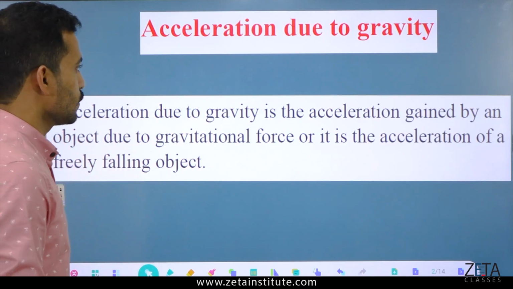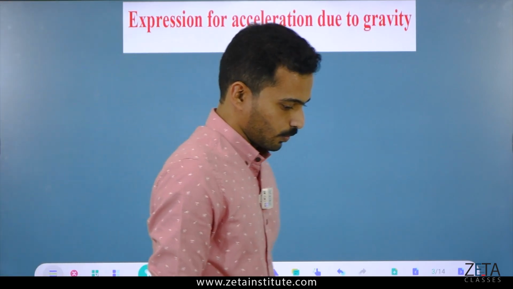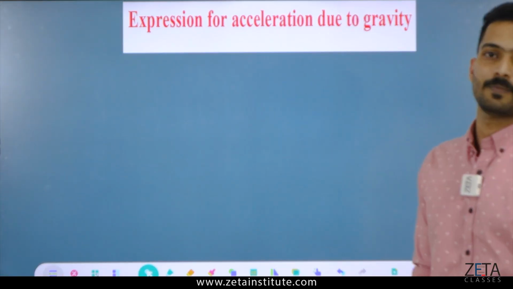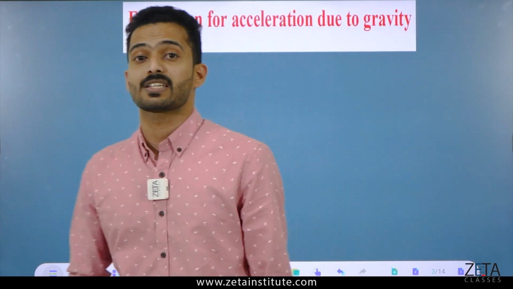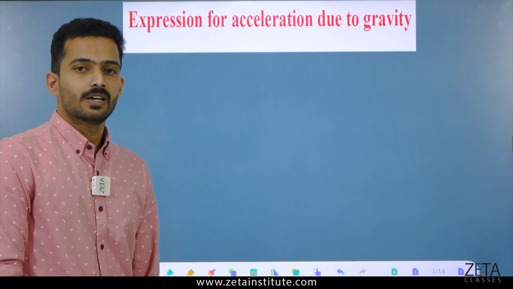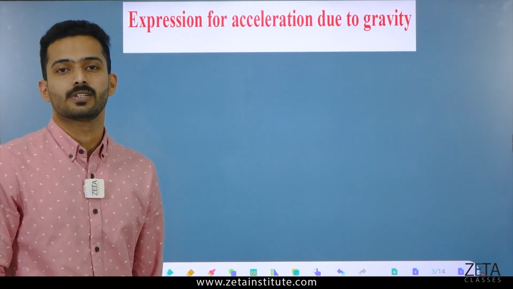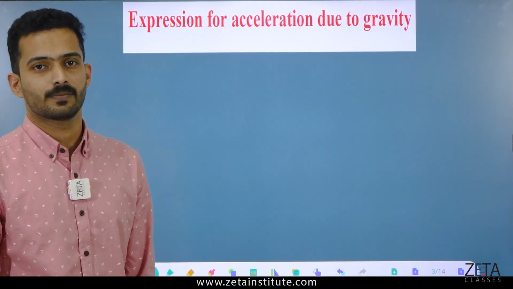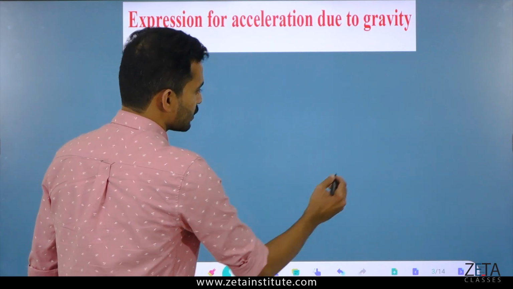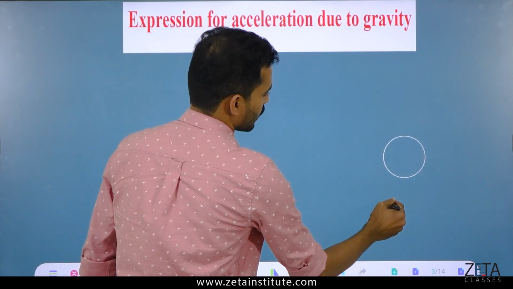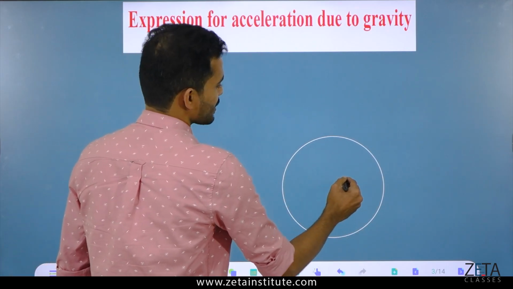Okay, so let us obtain an expression for acceleration due to gravity. How do we obtain it? Consider Earth as a perfect sphere of radius r.